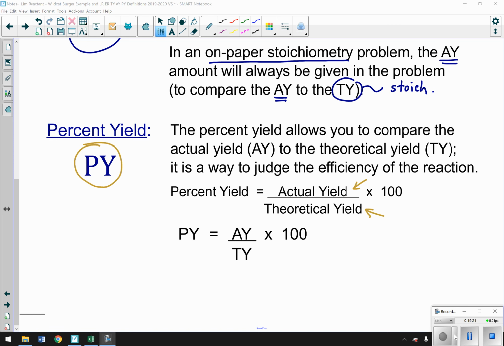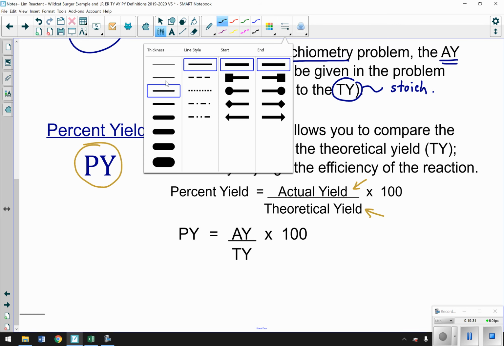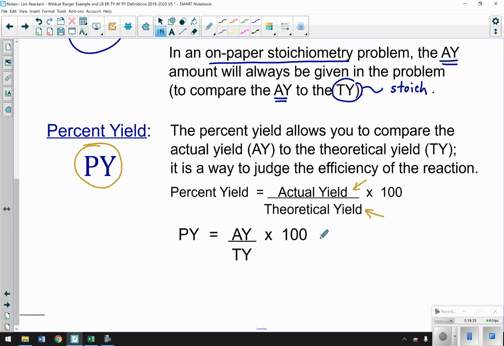So let's do a really quick example of calculating percent yield, and let's use our S-burger recipe numbers. When we did our S-burger recipe, what we found was our actual yield, after we dropped the lettuce on the floor, was 6 burgers. Before that, because our pesky sibling had a snack, we could only make 8 burgers.